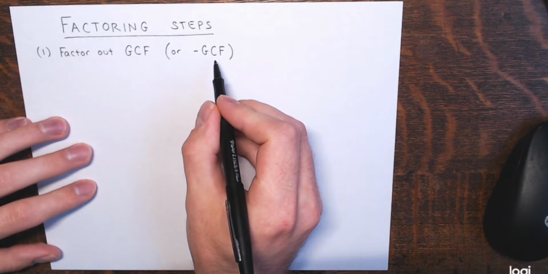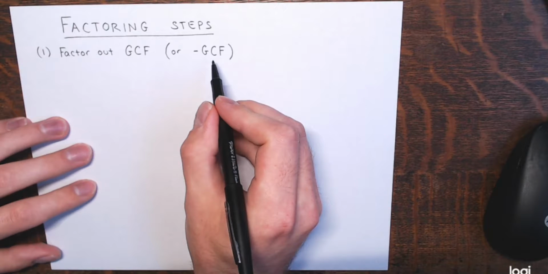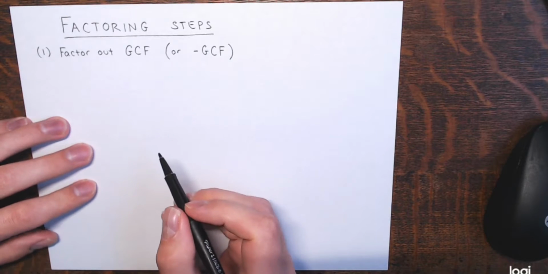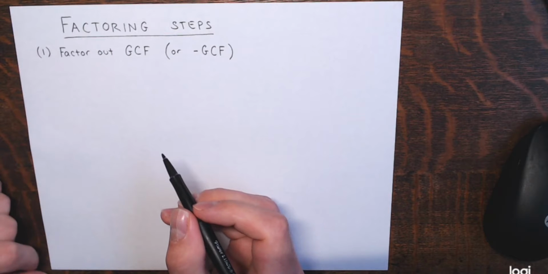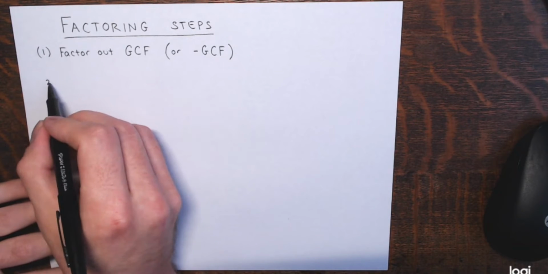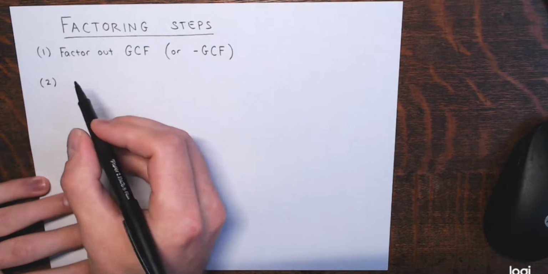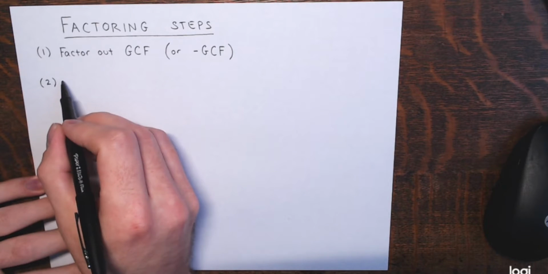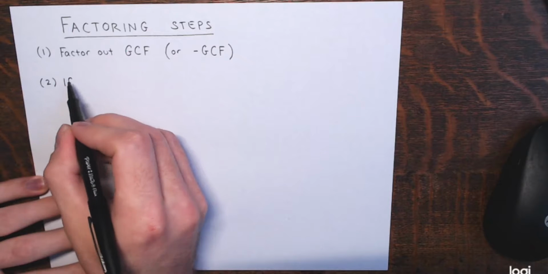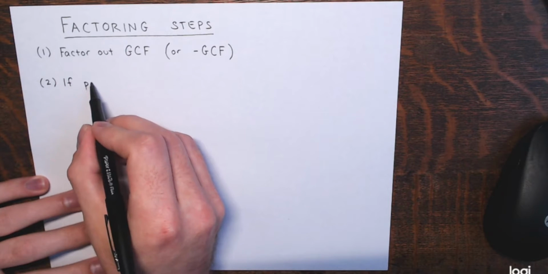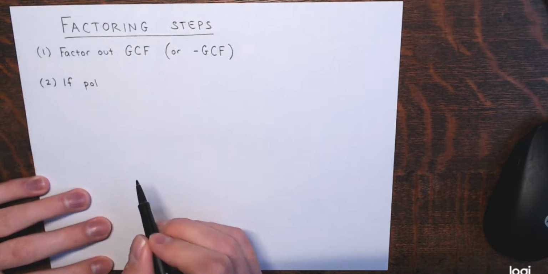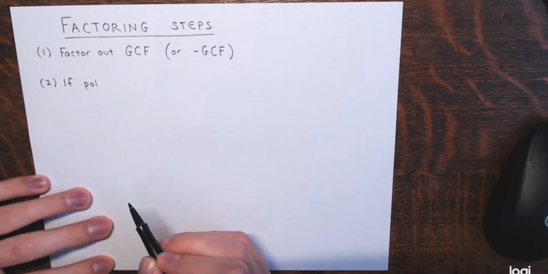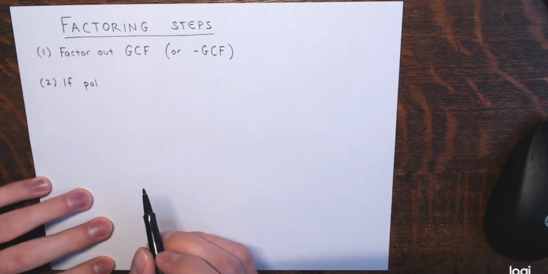Remember, that's something I've been saying in sections 7.1 through 7.4. If the lead coefficient is negative, pull out the opposite or a negative greatest common factor. Alright, then the second part is, if the polynomial has two terms, right? Basically, it's just the next few steps deal with how many terms does the polynomial you're looking at have.